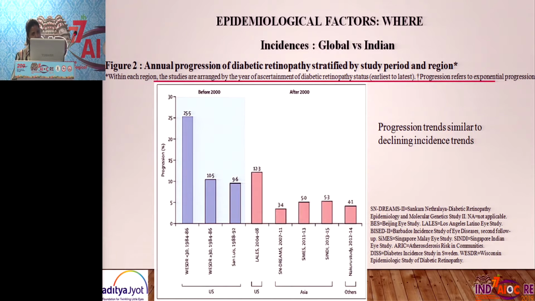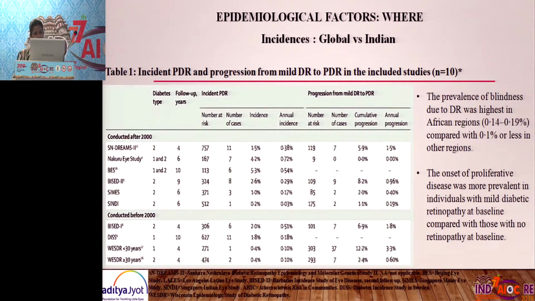The same reason, because more and more people are now exposed to the treatment and the screening. For that reason, the incidence is coming down, but again, the absolute number of people that are having diabetes and consequently retinopathy is on an increase. And this is what causes the grave concern for us.